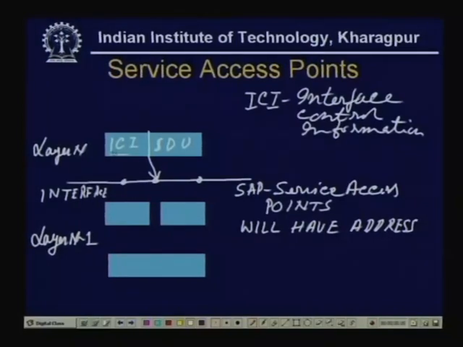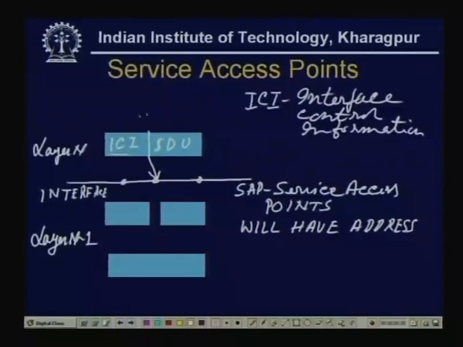So, interface control information is not really the data, it provides some control information to the lower layer. For example, whenever you are writing a program in assembly language, there is some assembly directive. So, that is a directive to the assembler, for example, ORG, EQU, DB, these are the assembly directives. These are not really instructions, but some directive to the assembler.